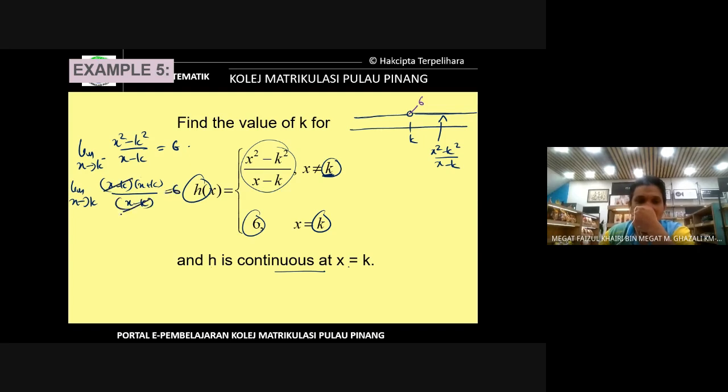Clear this and this, and then substitute x with k here. K plus k equal to 6, 2k, then k equal to 3.